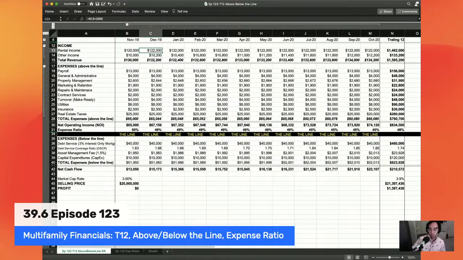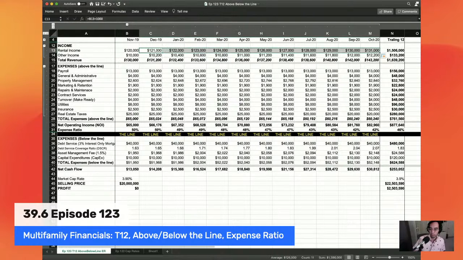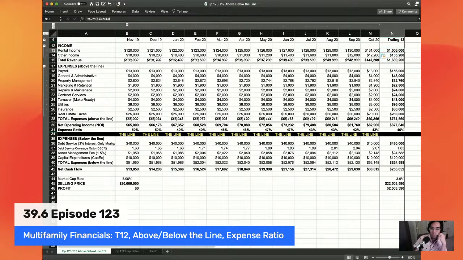But let's pretend you're able to continue bumping up the rent over the course of the year. And let's just do it by $1,000 a month to make it a little bit simpler, because $2,000 per month will be a lot to increase a property. Okay, so that would be a combination of decreasing vacancy, but also just propping up the rents on tenants as they renew. So you do that, it goes up $1,000 per month. So you go from $120,000 up to $131,000, and now you're up to $1.5 million.